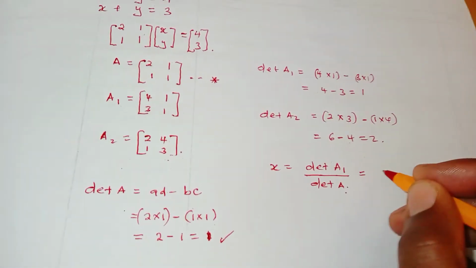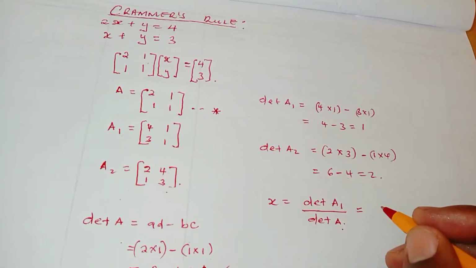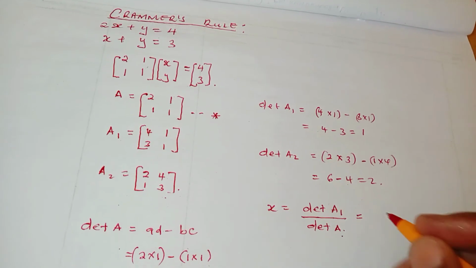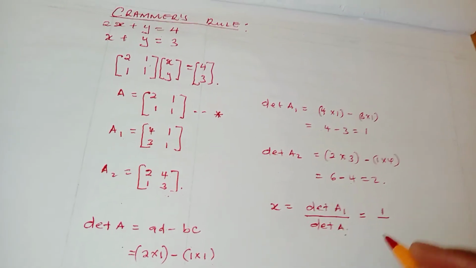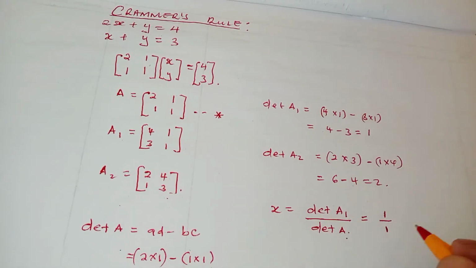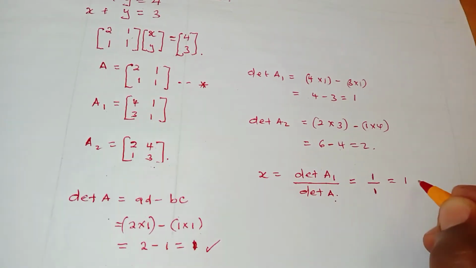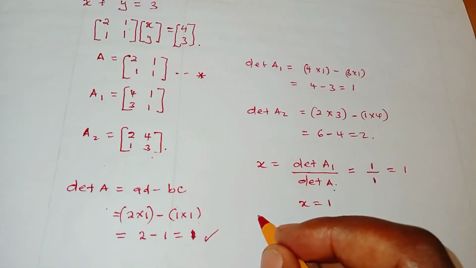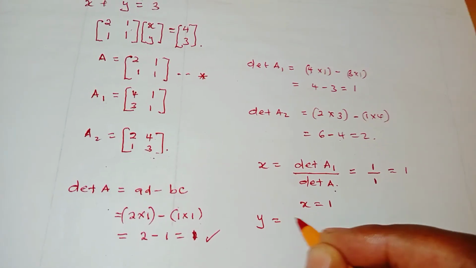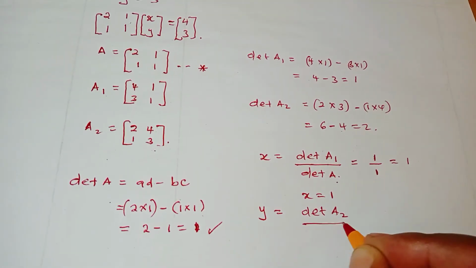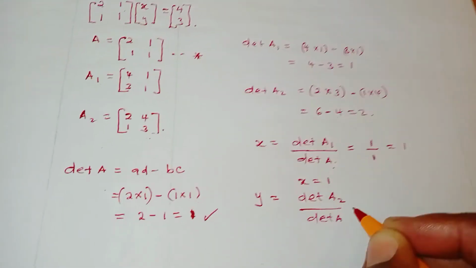The determinant of A sub 1 was a 1. We divide by the determinant of A, which was just 1, and this gives me a 1. So the value of x here is 1. We shall confirm whether that's true. To get the value of y, we take the determinant of A sub 2 over the determinant of A, right?